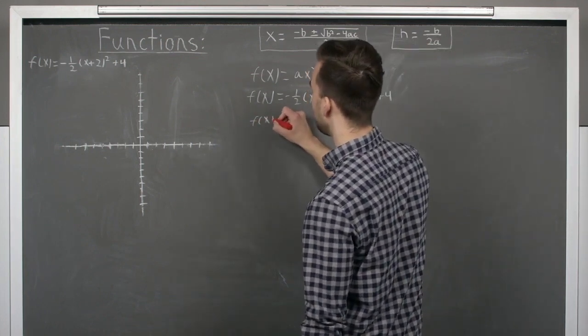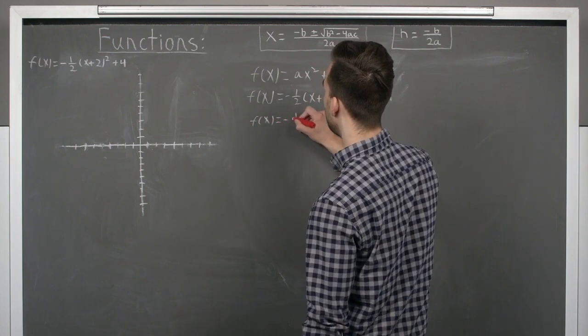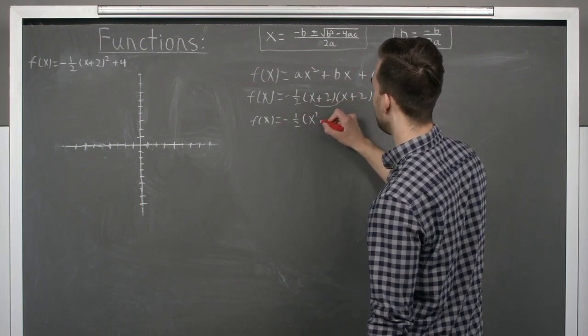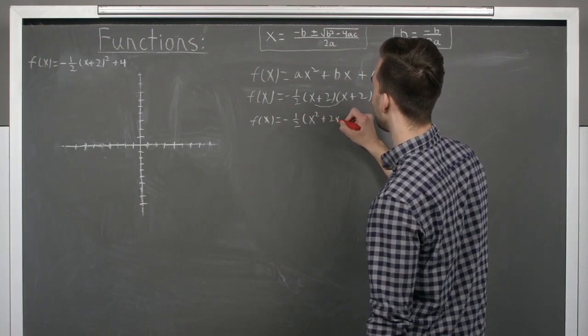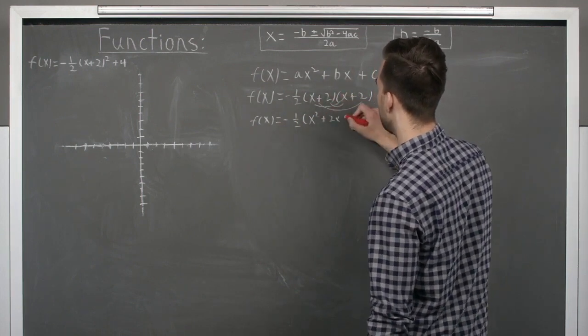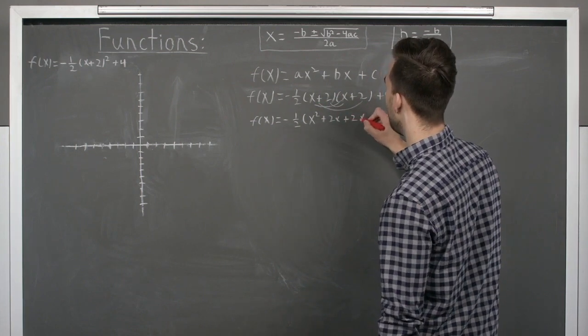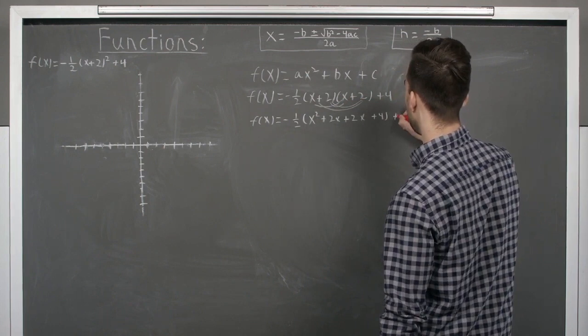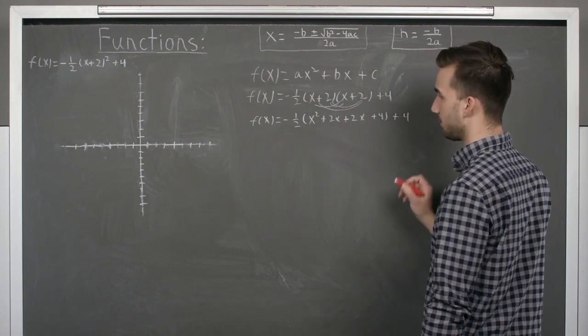Just keep simplifying. So -1/2 times x squared plus 2x, and then plus another 2x, and then plus 4, and then plus 4 on the outside of the parentheses.